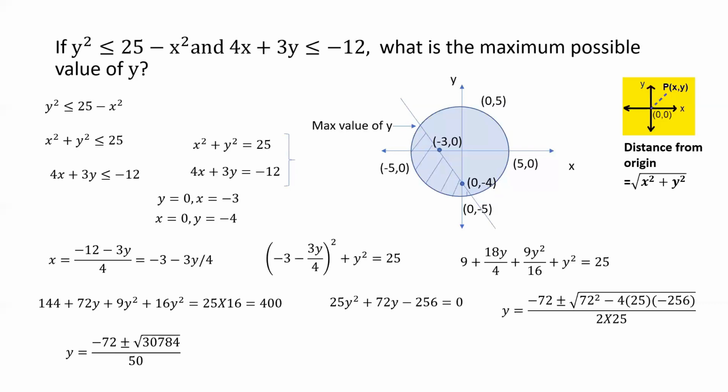So we ignore the root which is obviously negative, and take the other one, which would give us the maximum value of y. I calculated this using a calculator, and this is the value it came to, 2.069. So the maximum value of y in this case would be approximately 2.069.